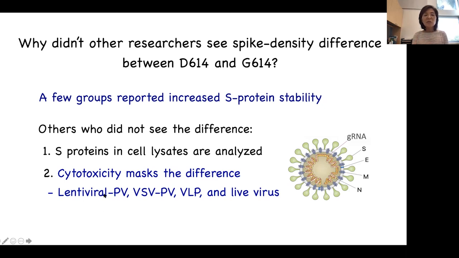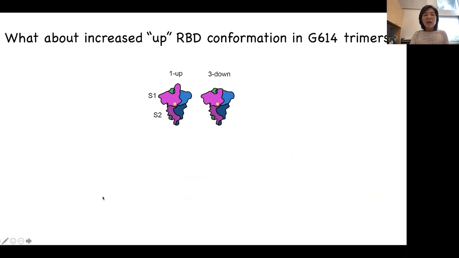So we repeated our experiment with the lentivirus, that cytotoxic system. But if you harvest the PV earlier and optimize the condition, you can see the difference between D614 and G614, even with the lentiviral system. Anyway, what about this RBD conformation?